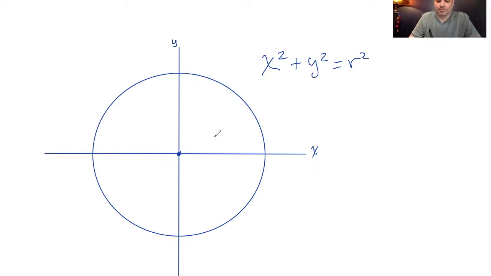Here's why that works. If I pick any point along the circle, let's say a point where the x and y values are both positive, then to get to this point from the center, which on this one happens to be the origin, I go in the positive direction along the x-axis, and then I go up along the y-axis to get to that point.